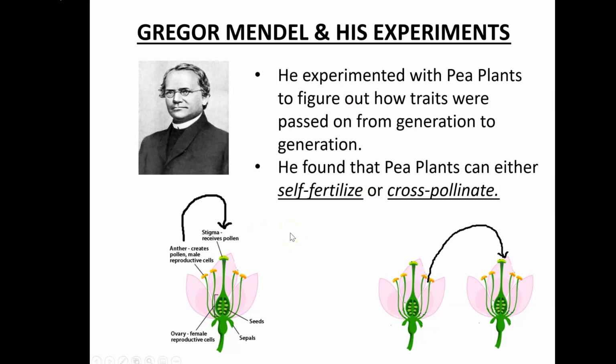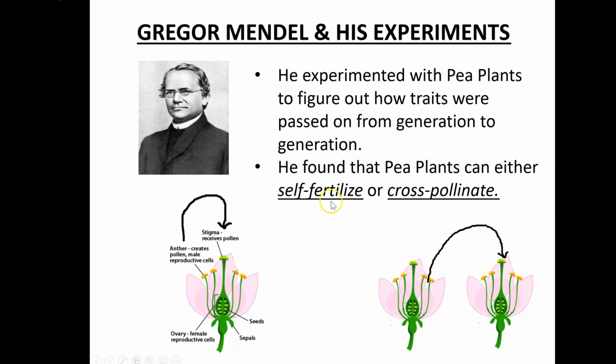He recorded all of his results. Because he did so much self-fertilization and cross-fertilization, and he recorded all of his findings, he was the first scientist to figure out the genetics behind inheritance.